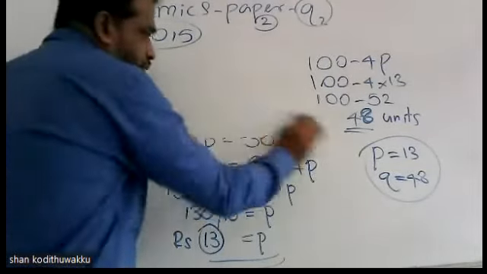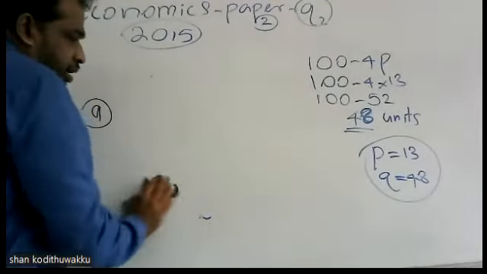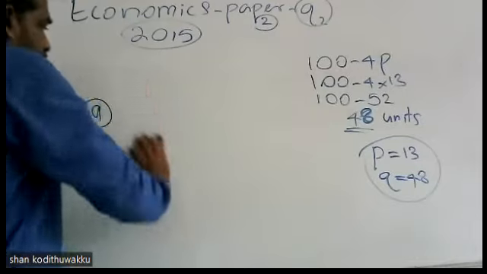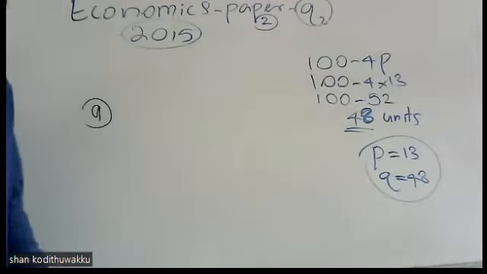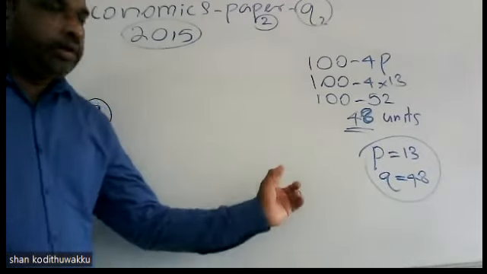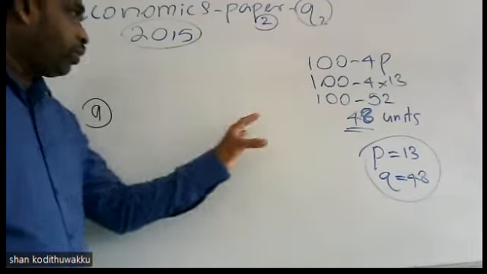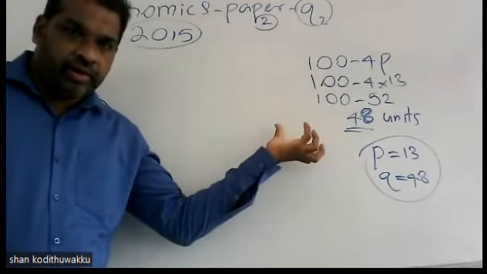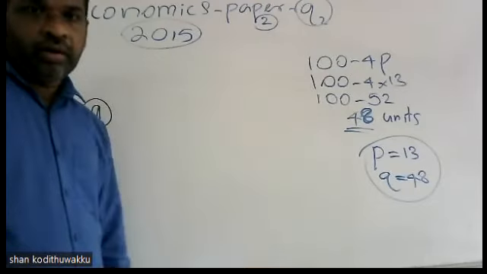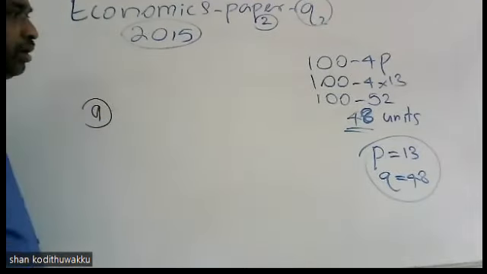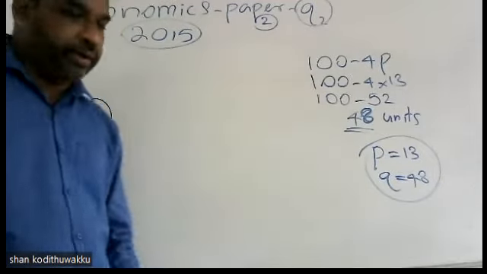Then we are going to draw the diagram using this P and Q, but according to mathematics, you should have at least 2 points to draw a straight line. Therefore, you have to find another point separately for the demand curve and supply curve.